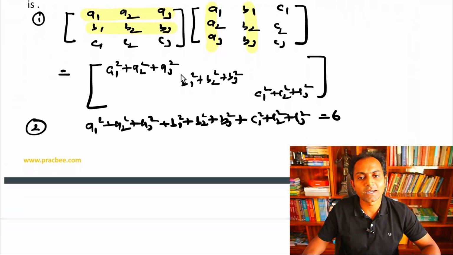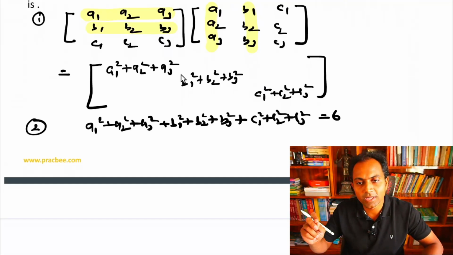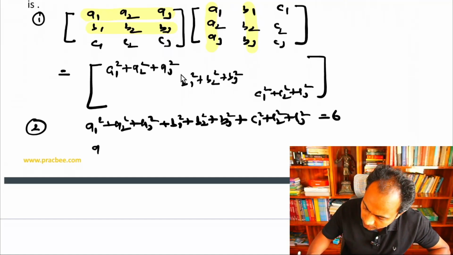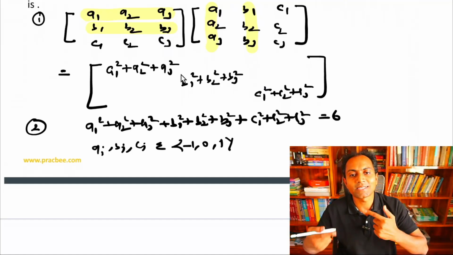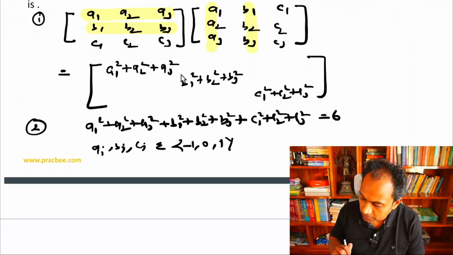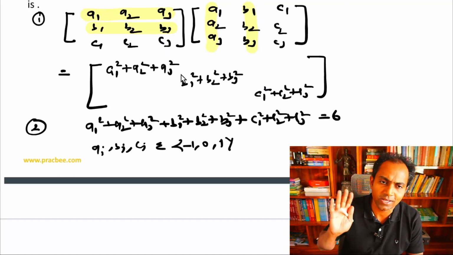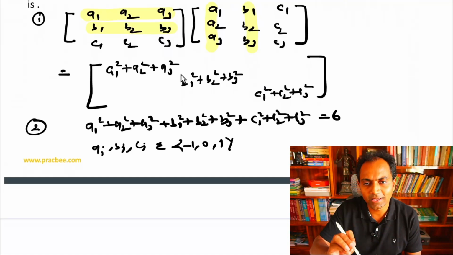Now you can see that after doing this, the matrices part is done. Now we need to think about the P and C part. What they are saying is that all of these Ais, Bis and Cis, all the elements, belong to the set of -1, 0, 1. So how many ways can this matrix be generated? If the squares are adding up to 6, there is only one scenario that can happen: 6 of them should become 1 and 3 can become 0.